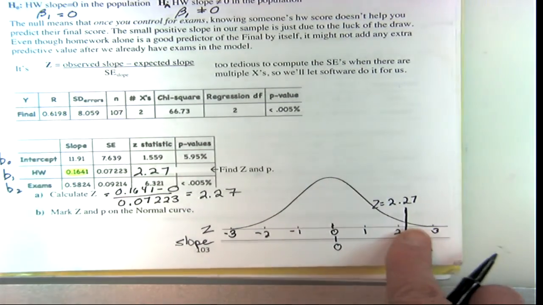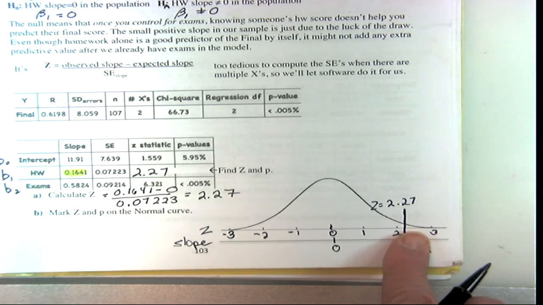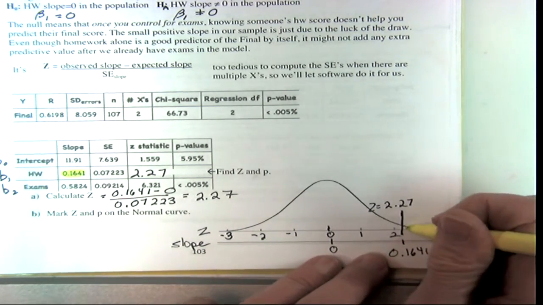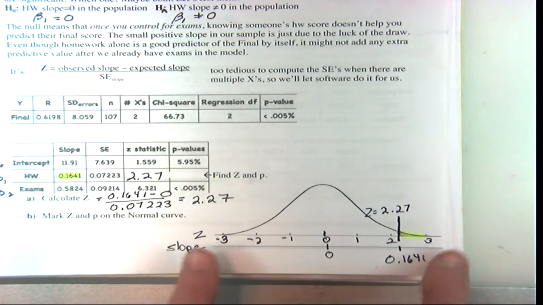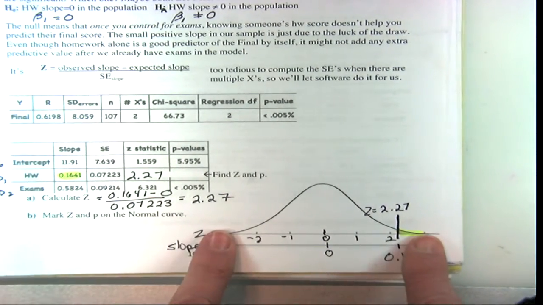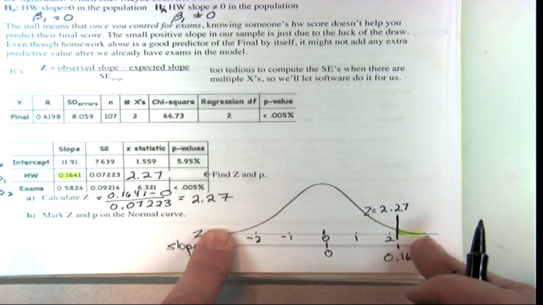All right, so now what we want to know is the p-value, and the p-value is going to be this area if our alternative hypothesis was one-sided. If it's two-sided, then we'd have to take into account both tails.